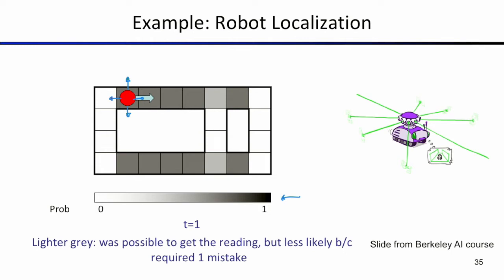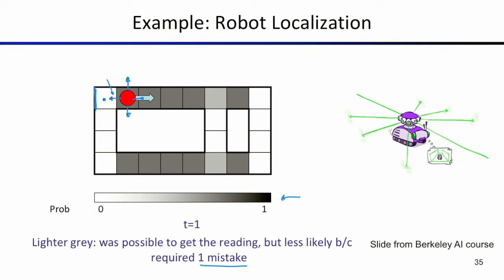Remember that we have this assumption for our sensors that you only make at most one mistake. So in order to be here in this position, state number 1, it would require 2 mistakes. One is about this sensor here. It's saying that there is no obstacle, but in this case there is this wall here.